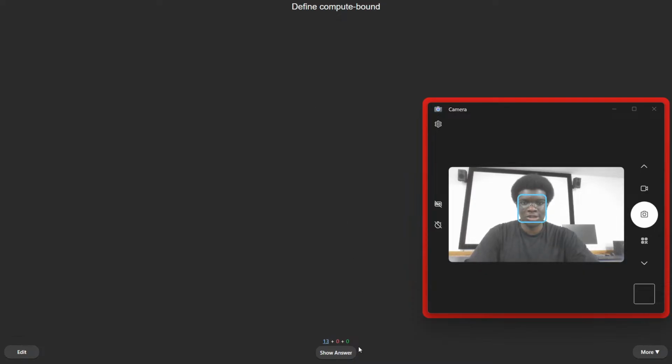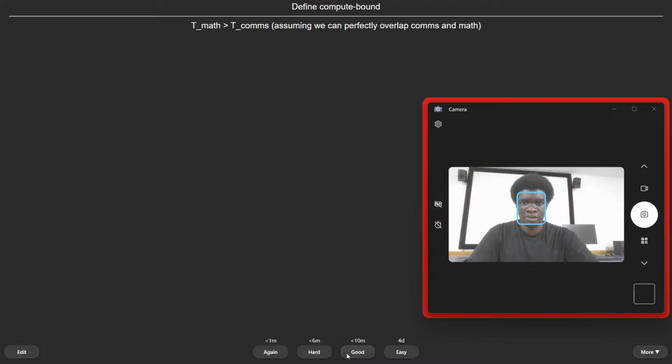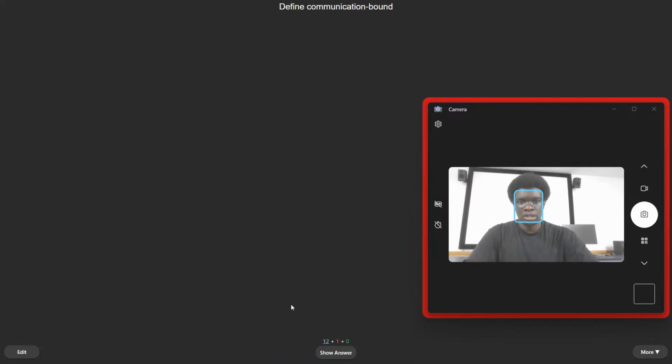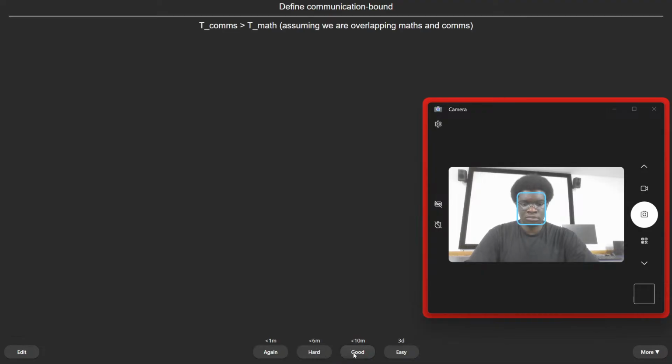So I think we might have a separate flashcard for one of the other definitions. Okay, and I guess it's important to say that, assuming we can perfectly overlap comms and maths, so I'll do that again. Define communication bound, that would just be T_comms greater than T_math, assuming that we can perfectly overlap the two.